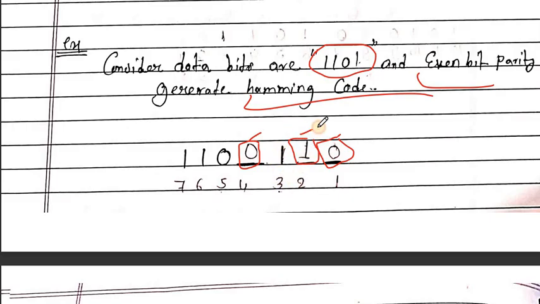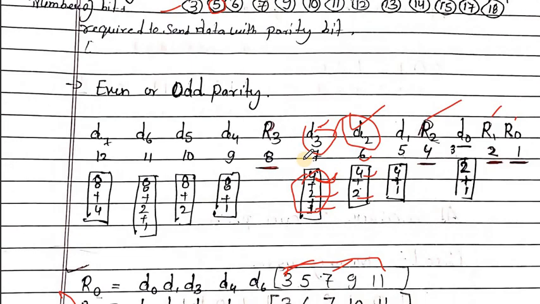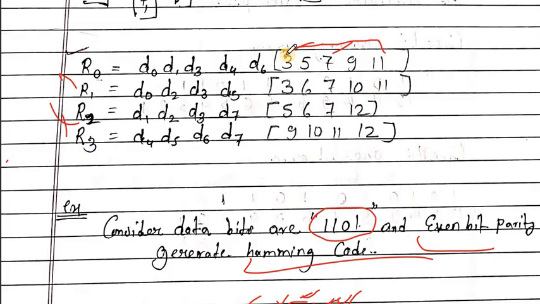We have to follow the parity bits to balance the first bit parity. Here we should balance this parity bit, R1. For R1 we should consider these places, the data bits at 3, 5, 7.